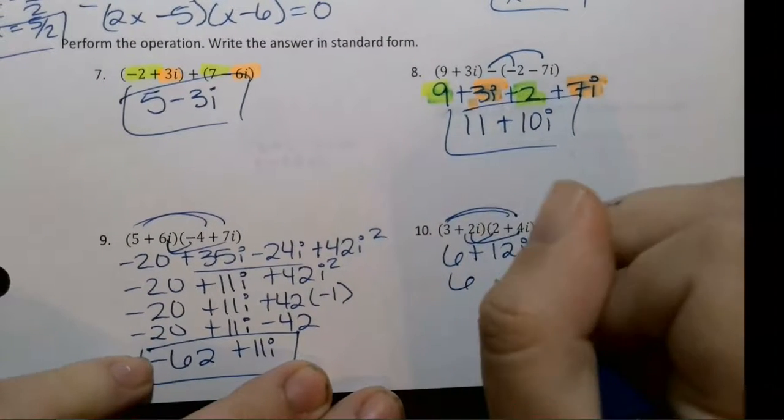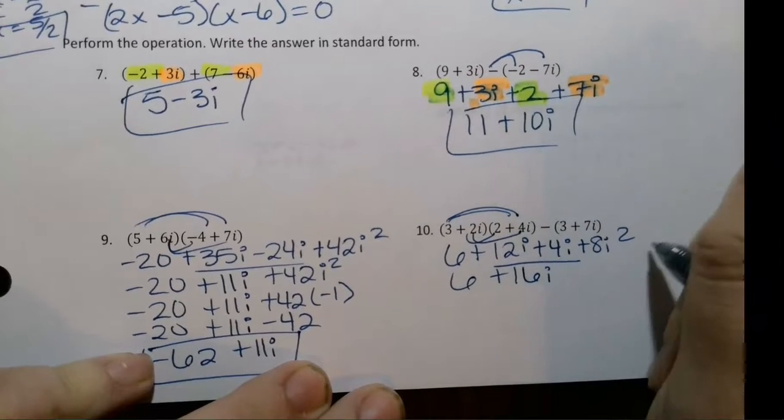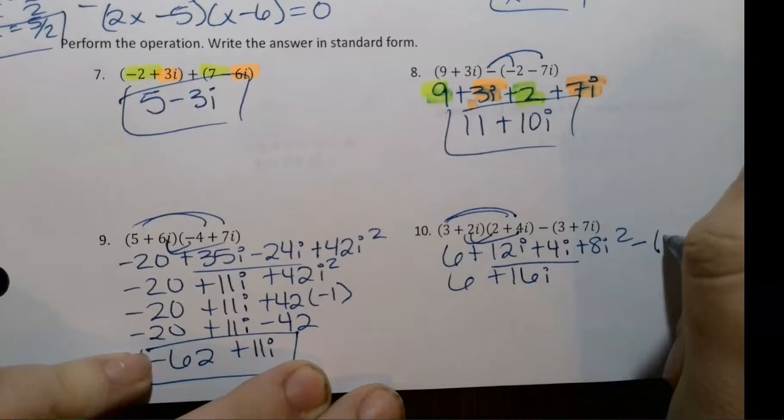Then I'm going to have 6, and I'm going to combine those two middle terms, so that's going to turn into 16i. Oops, I also forgot I still had that stuff after that's being subtracted.